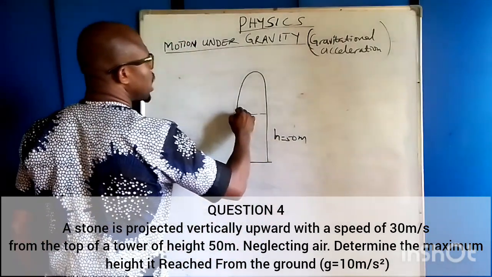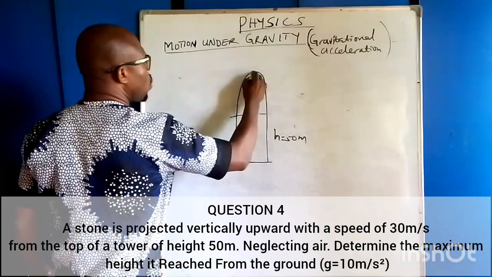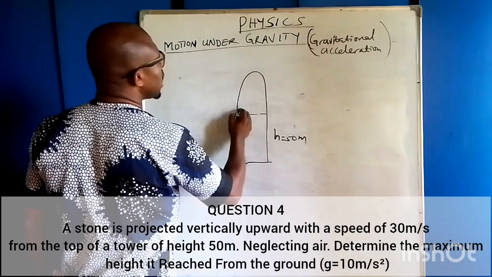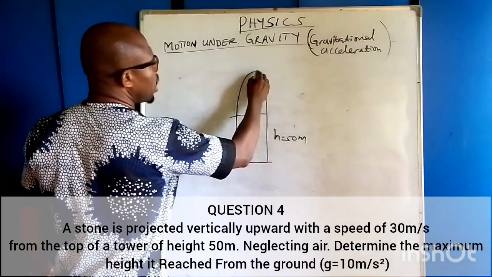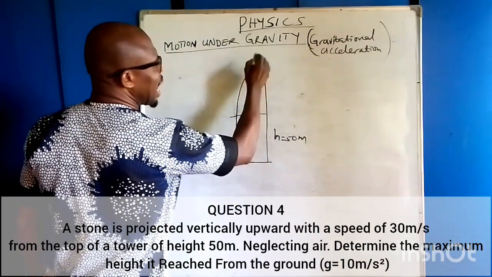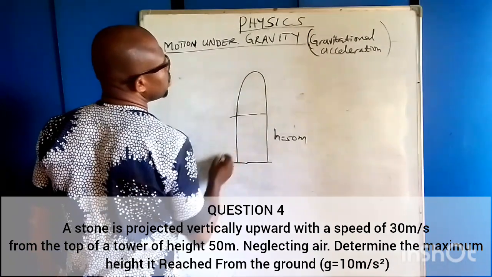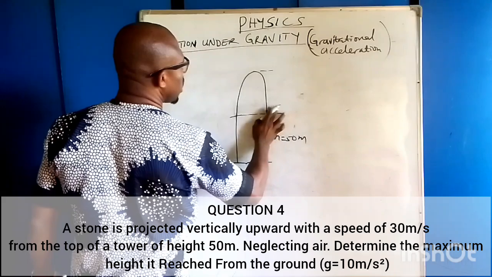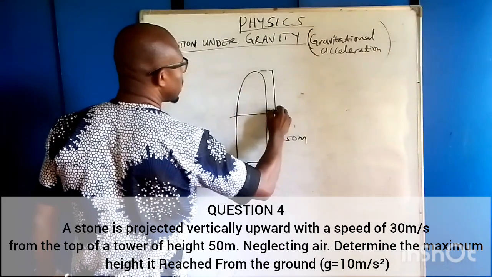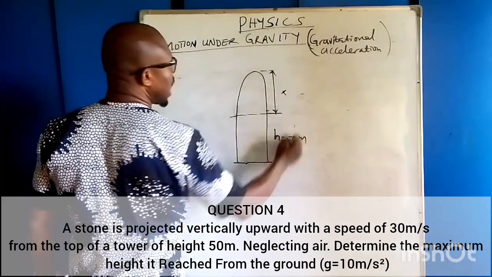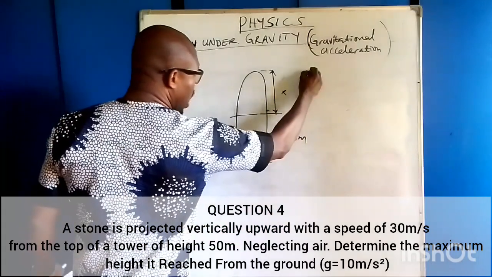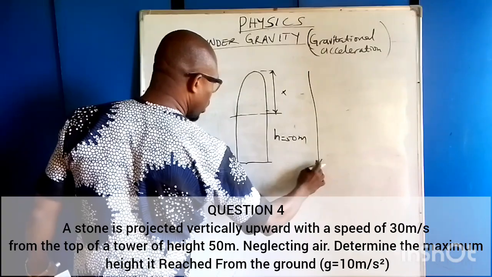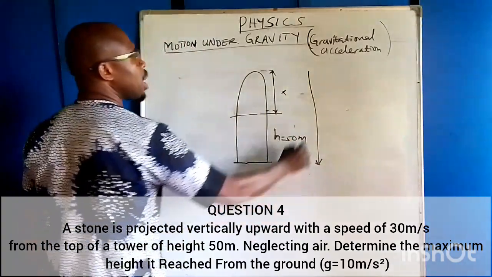This is the height attained by the stone, from here to here, which we can have as x. So the maximum height from the ground is just from here to here. That is the maximum height.